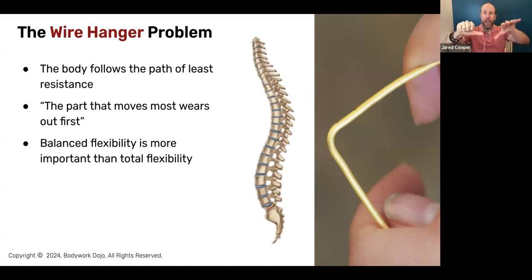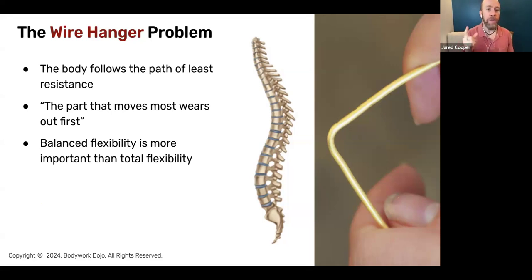Everybody go like this with your hands, like you're holding a wire hanger, and bend the wire hanger down and up and down and up, like somebody bending over from one particular mobile spot on their spine. Where does the wire hanger break? In your hands or in the middle? It's obvious. The wire hanger breaks in the middle, in the part that's already moving. And the rule is, the part that moves most is the part that wears out first.